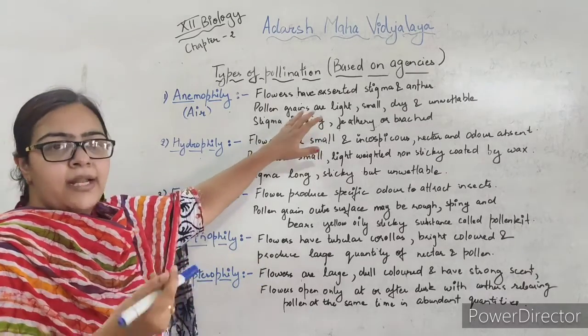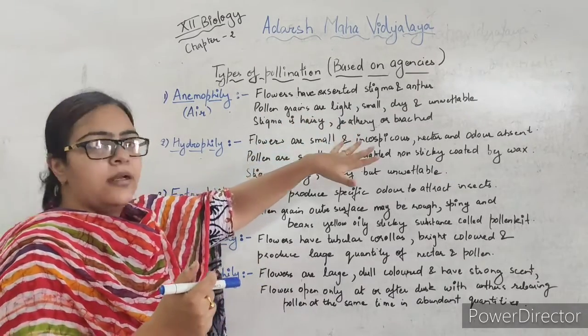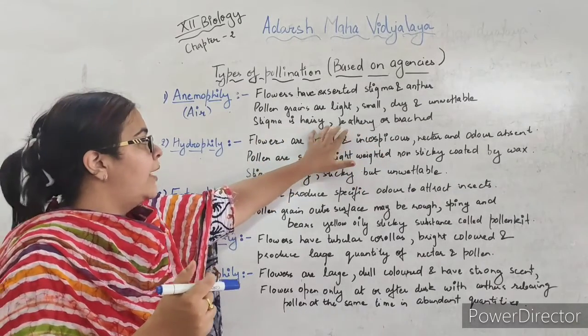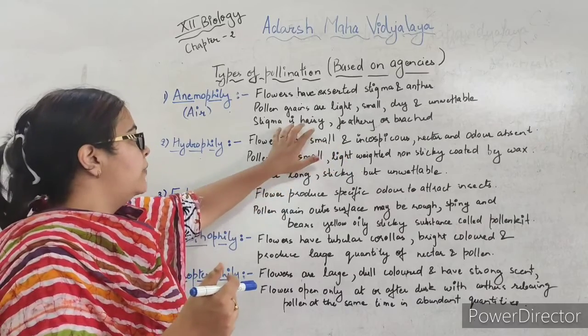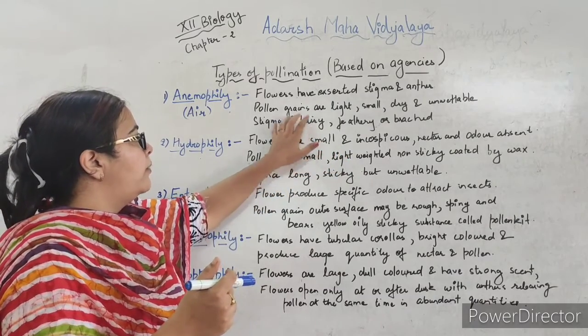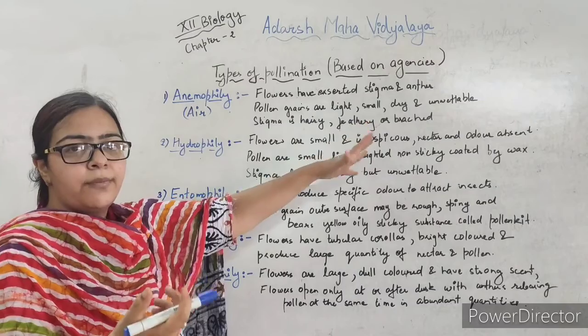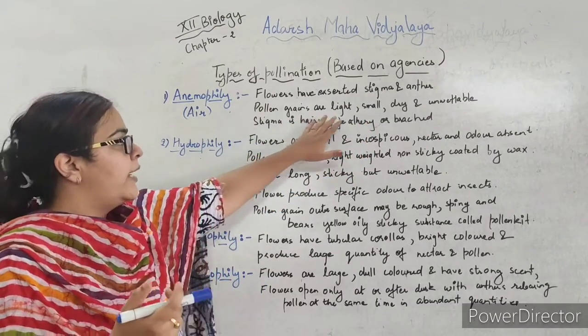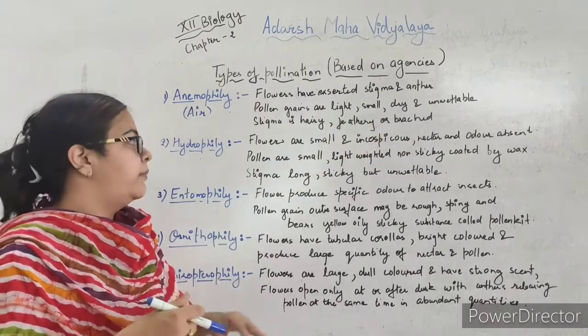Stigma is hairy, feathery or branched so that it can catch a maximum number of pollen, and pollen grains are light, small, dry and unwettable because they have to be transported by air.